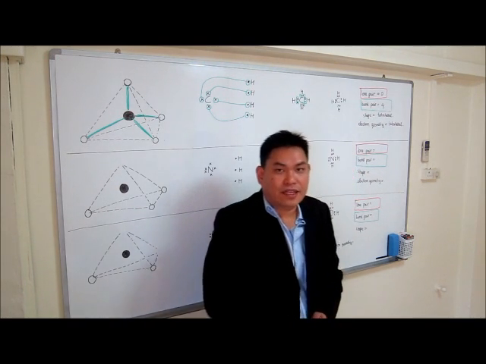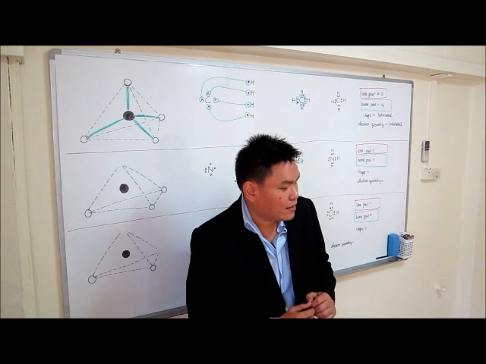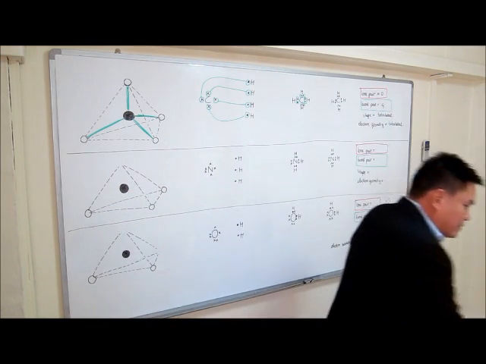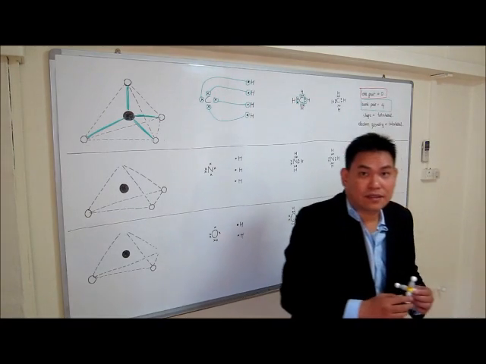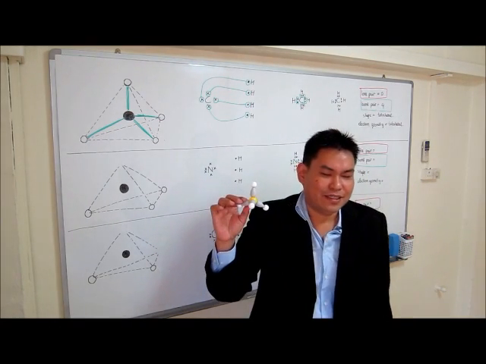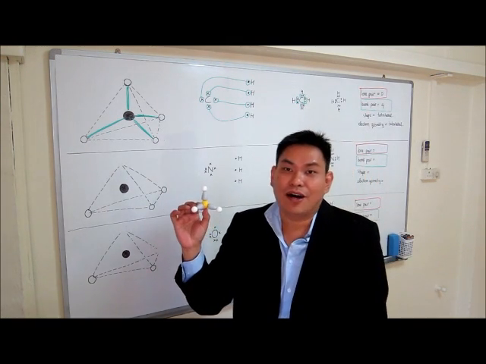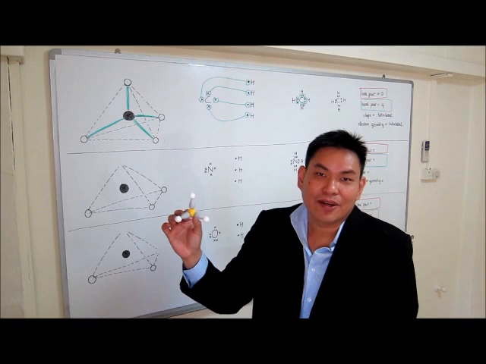It's rather difficult to explain this chapter without looking at the 3D shape. So I purchased these VSEPR models. This is a model of the CH4 molecule.